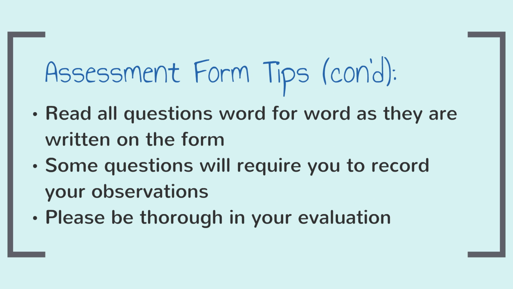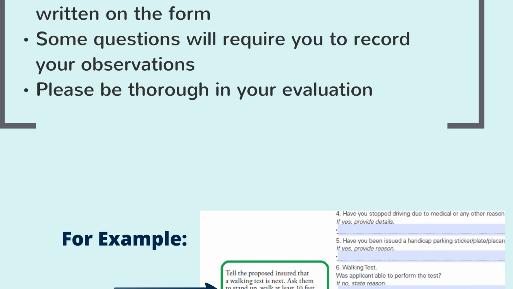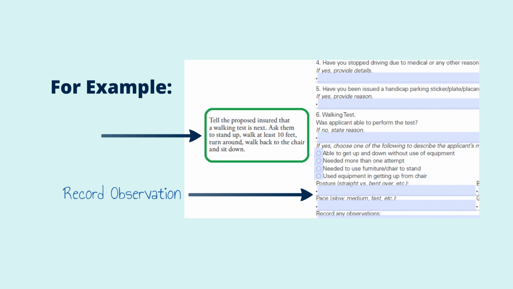Here are a few additional tips. Read the questions and options word for word as they are written on the form, and be sure to provide details for any answers that require them. Some questions will ask for you to record your observations. For instance, we see an instructional note here on the left stating that you are to tell the applicant a walking test is next.